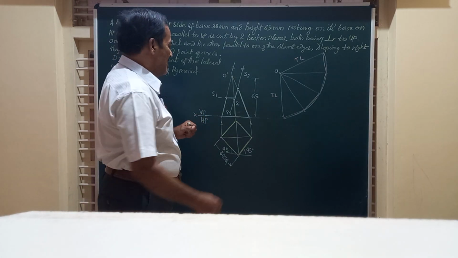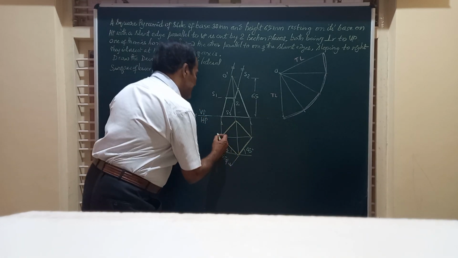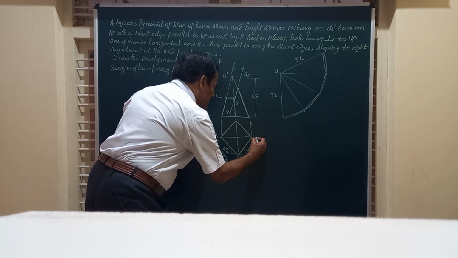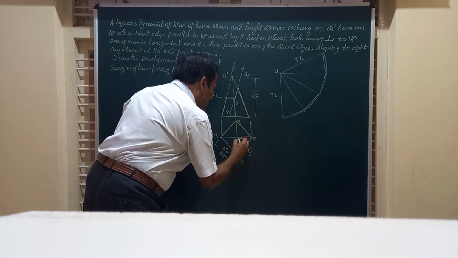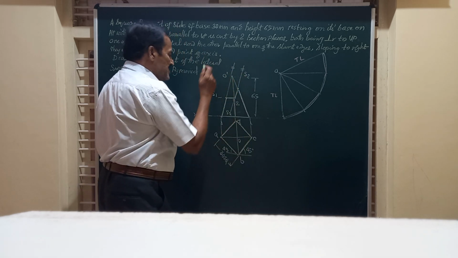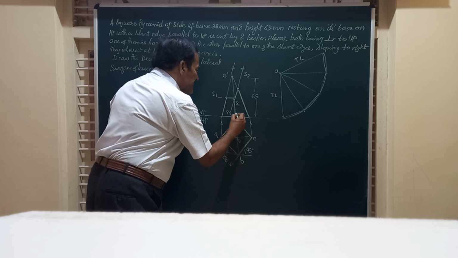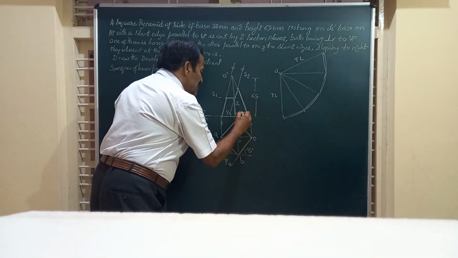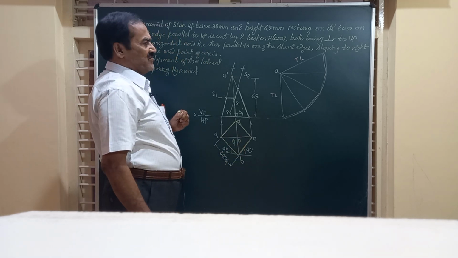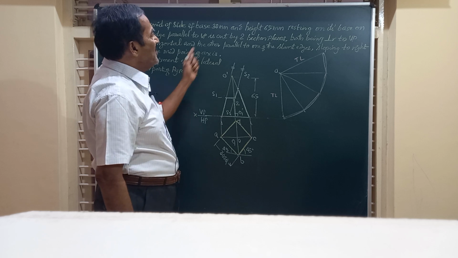And friends, after writing this, let us name these corners as A, B, C, D. O is the vertex and O dash is the vertex in the front view. O1 is the center of the base, and this is O1 again at the center of the bottom face. And see how it is cut, friends.